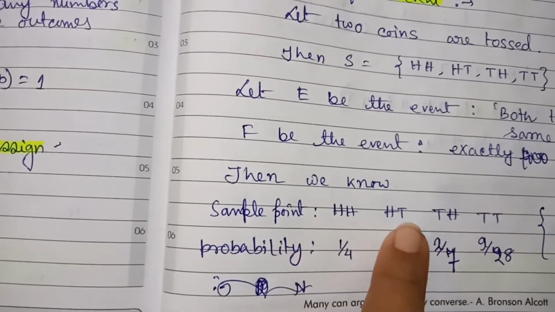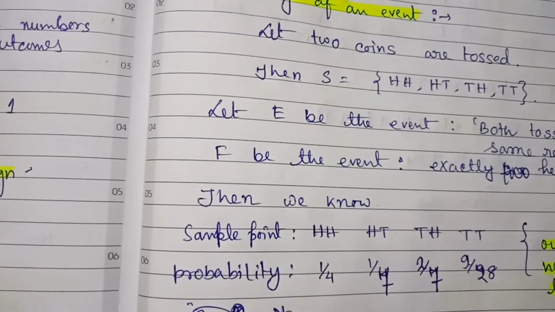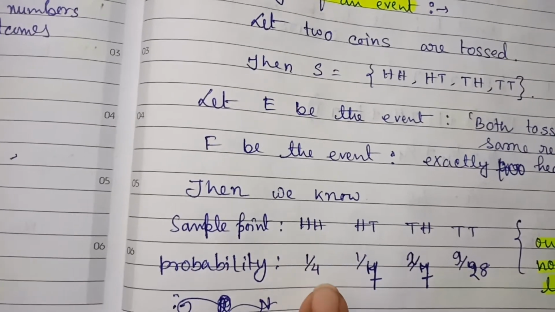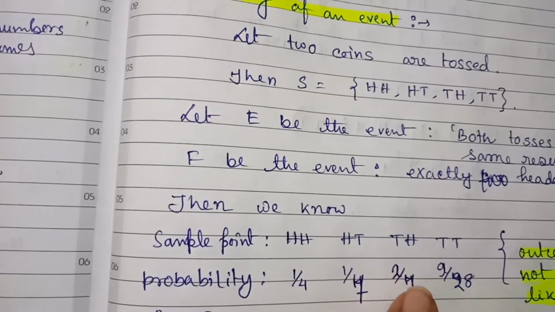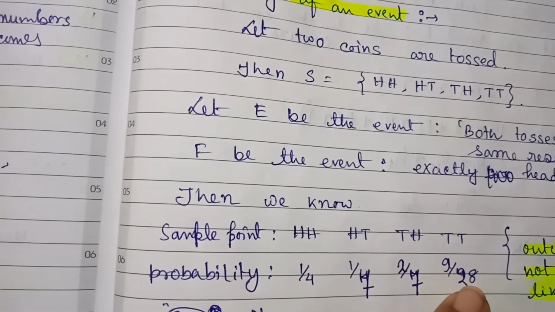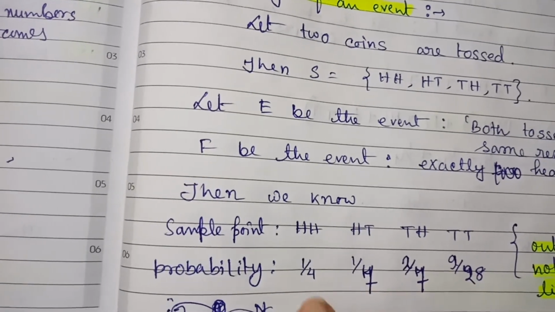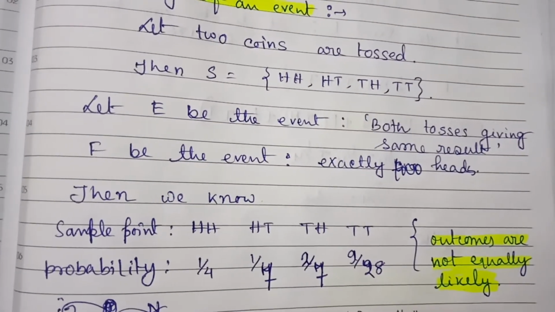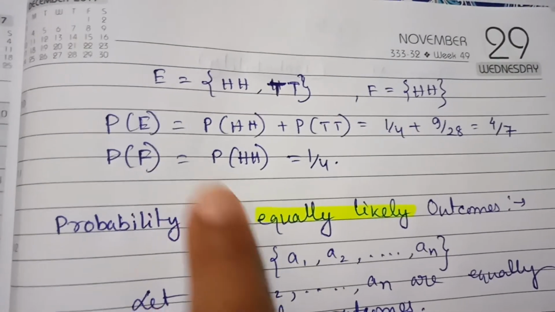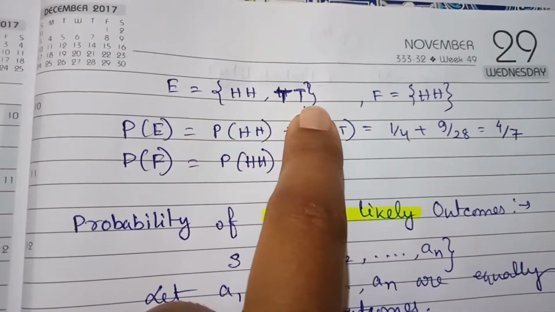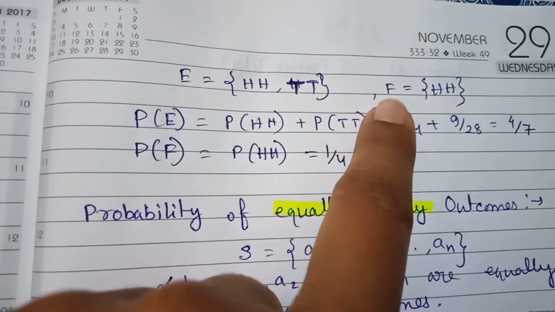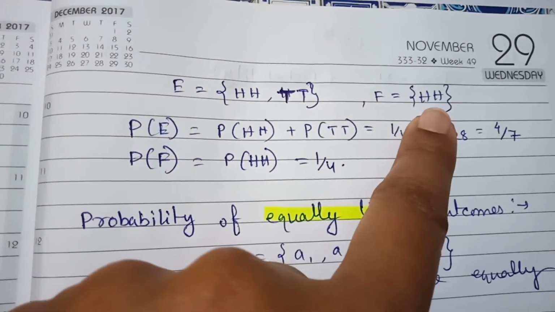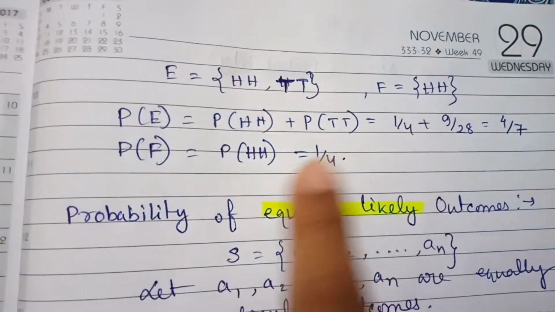Sample points HH, HT, TH, TT. Now probabilities are given like this: 1 by 4, 1 by 7, 2 by 7, 9 by 28. You can see from this that outcomes are not equally likely. So for E we get HH, TT, and for F it is exactly 2 heads, that means HH.